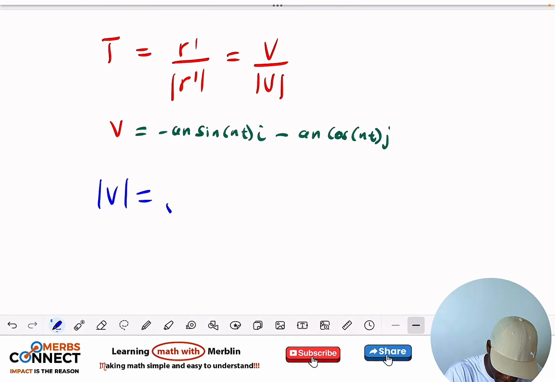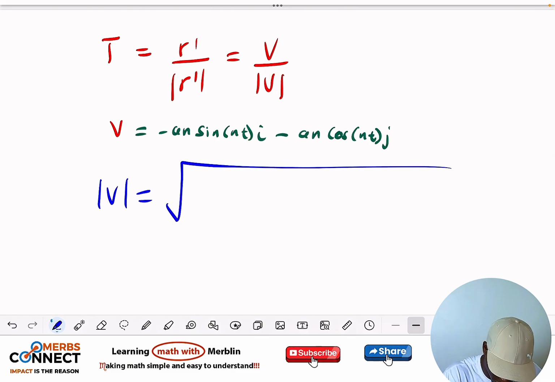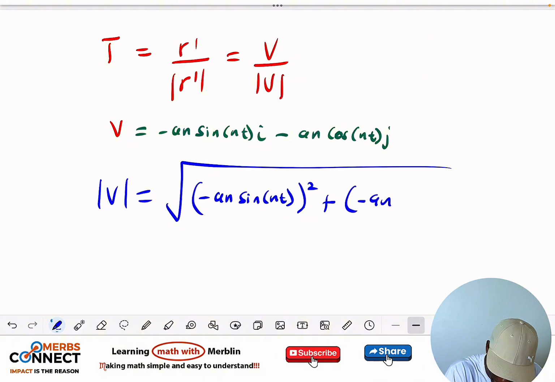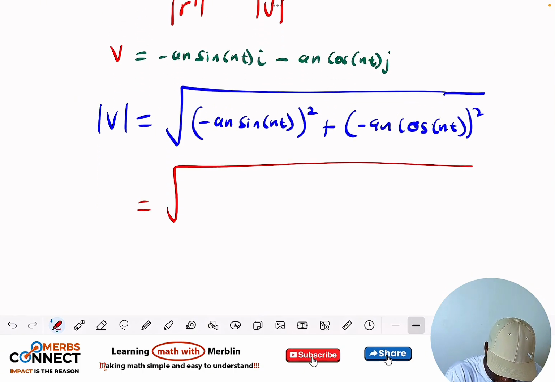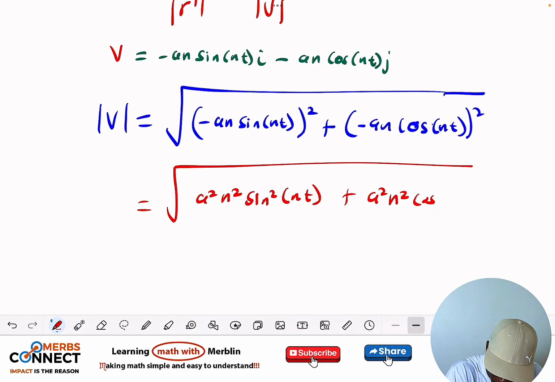So magnitude of this means that we need to take the square root of the first function here, minus an sine nt all squared plus minus an cos nt all squared. So simplify this, we are going to have something like this: a squared n squared sine squared nt plus a squared n squared cos squared nt.